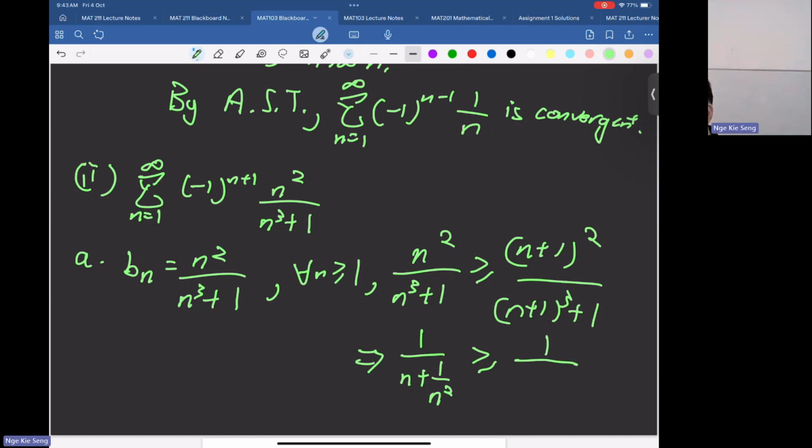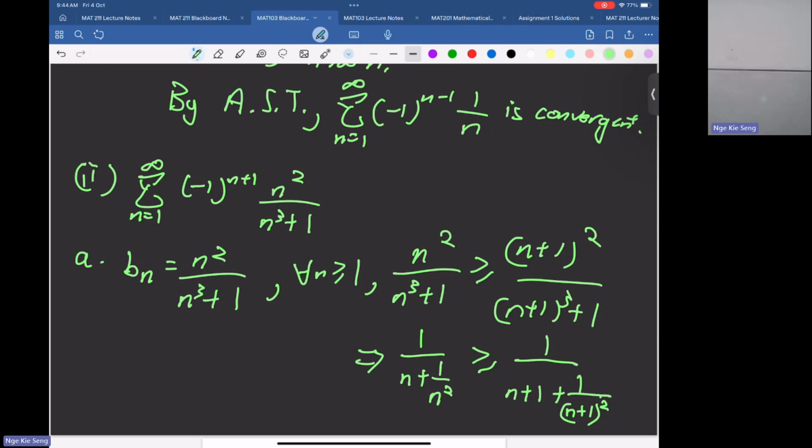Okay, sure. 1 over n is 1 plus 1 over n plus 1 square, like this. Very obvious. How obvious is it? 1 over n is less than 1.